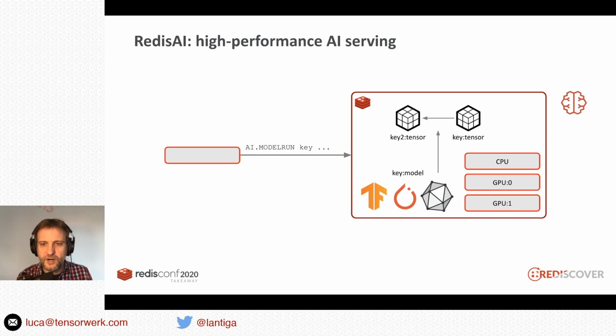And by using the model with a tensor in input, using the model run command, we can transform one tensor into another one, or more than one tensor into more than one tensors in output. So this is the very basic way RedisAI works. And the computation can be carried out on the GPU or CPU, multiple GPUs, or even other types of devices supported by a specific backend.